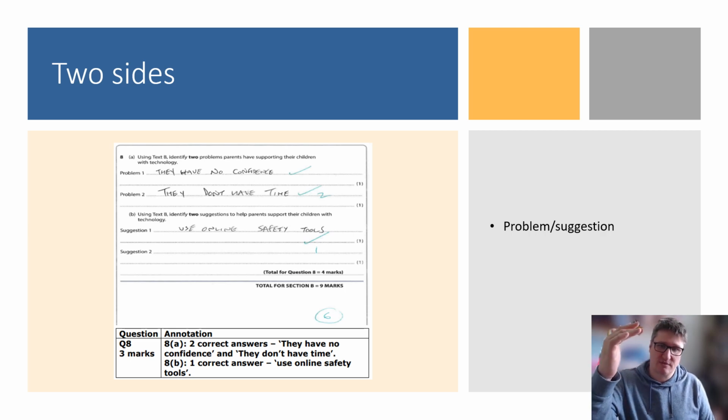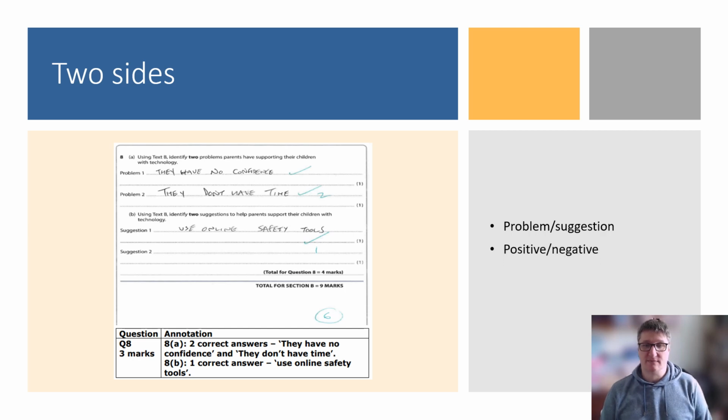So we've got problems and suggestions, or possibly solutions, to help parents support their children with technology. And the offer is given of use online safety tools, and then they stopped. I don't know why they stopped, but they threw away a mark. Don't leave the exam room with empty spaces on your exam paper. Answer it properly.